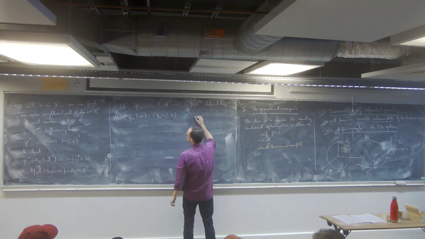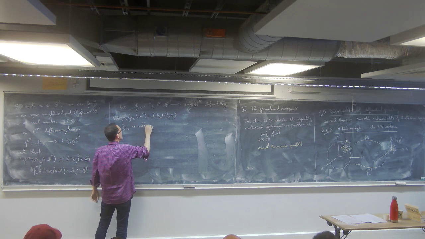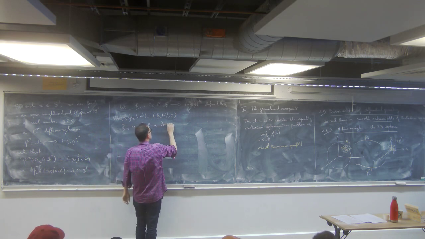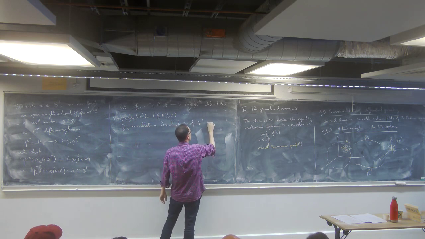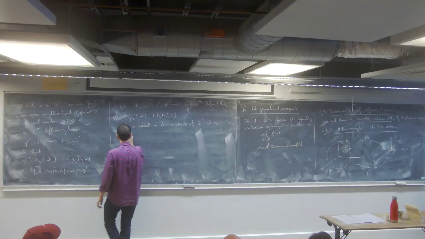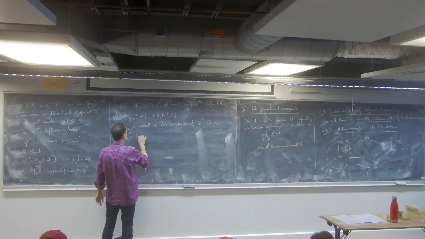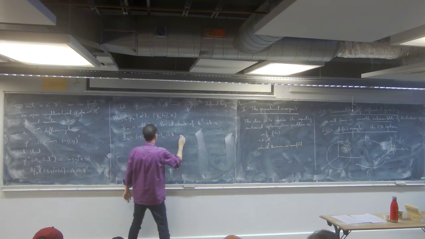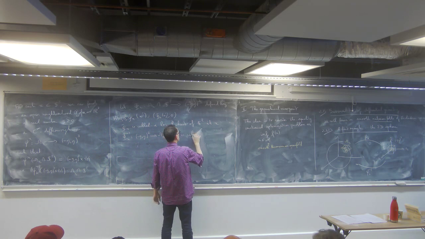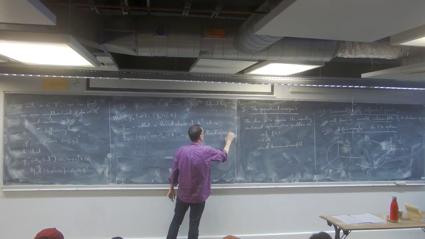And this is called a local chart of S2 at x. And its inverse, which goes from minus eta square to omega x intersection S2, is called a local system of coordinates.